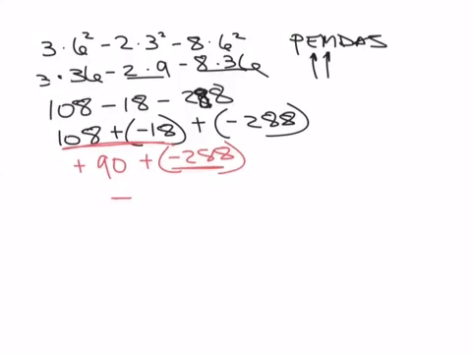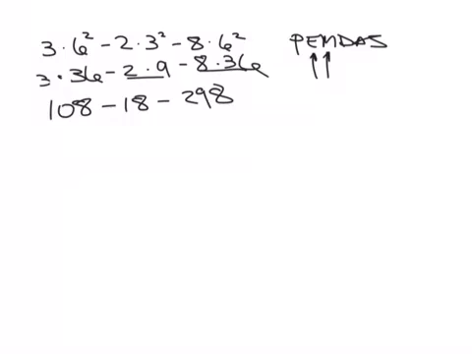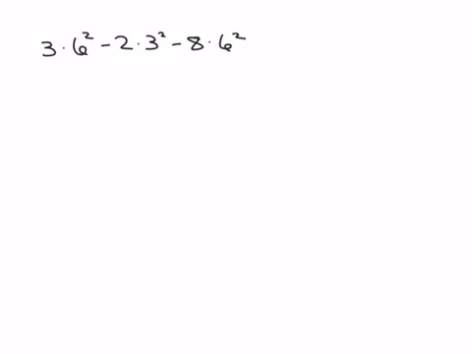Signs are different, so I'm going to take the difference between 288 and 90, and that's going to be 198, and that will be your answer. Hopefully I did that right. I try to do this stuff in my head too many times, and sometimes I screw up, so forgive me if I made a simple mistake there, but that's basically following PEMDAS is what I was doing.